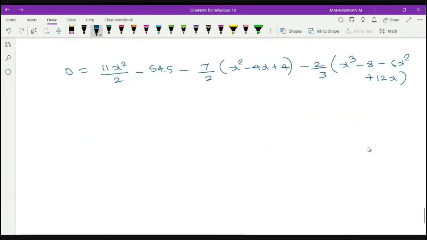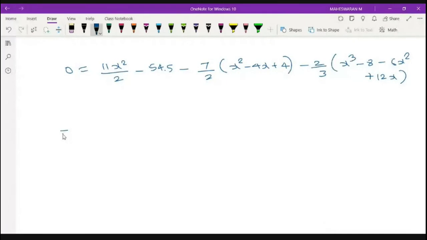So I'll split it up accordingly, in terms of x cube. I will take all the x cube terms first, and then we'll put them one by one. So we start with x cube. I have x cube only in this portion, which is minus 2 by 3 x cube. So I'll write minus 2 by 3 x cube.